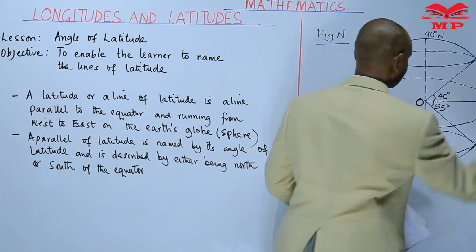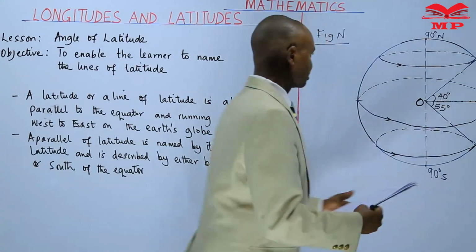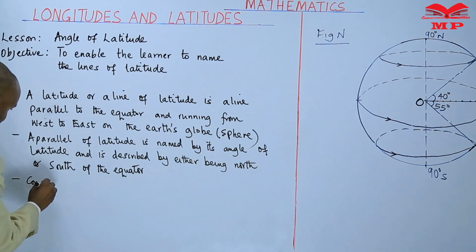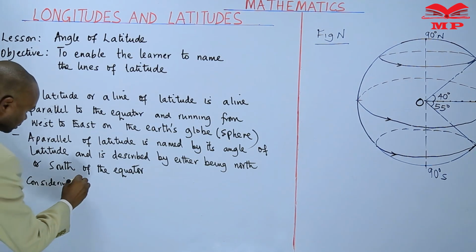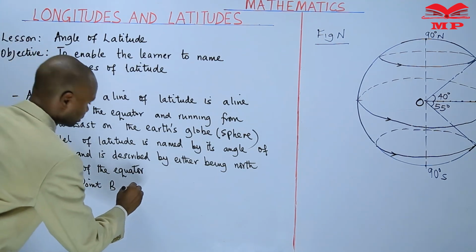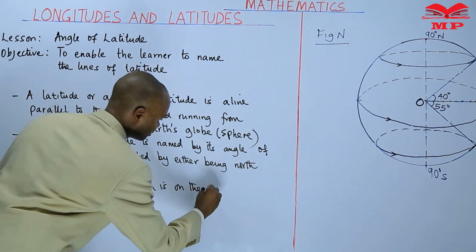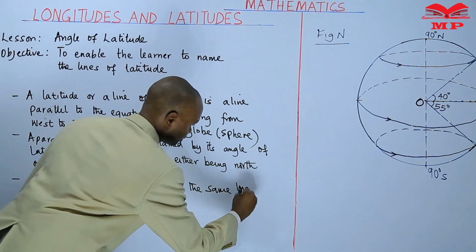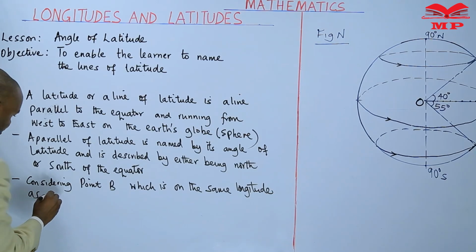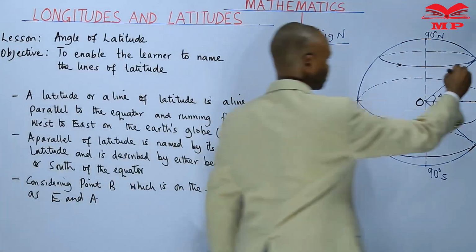When we want to consider point B, you want to get the latitude of B. Considering point B, which is on the same longitude as E and A. When I talk about the longitude, it is this one.